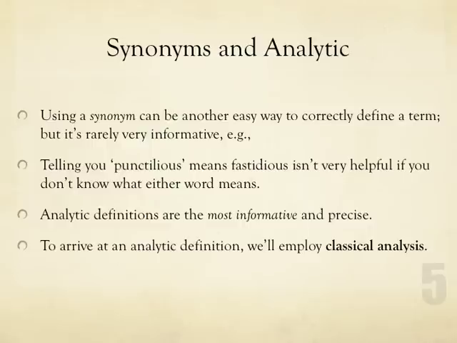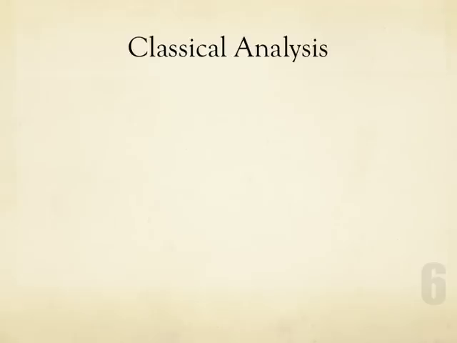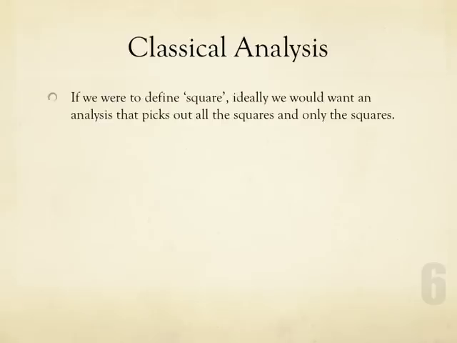What is required in being fastidious? Let's do a simple example with the word square. So when you do a classical analysis of square, you want an analysis that tells you about all the squares, but you also want it to tell you only about squares.